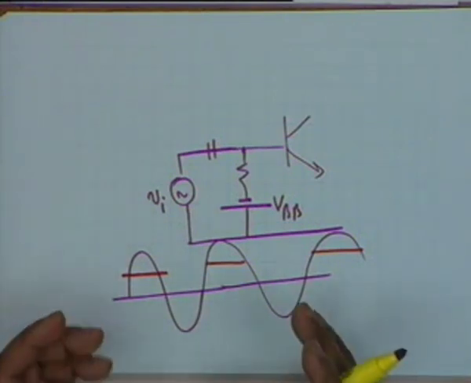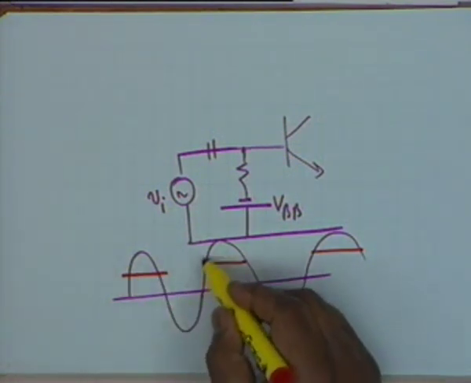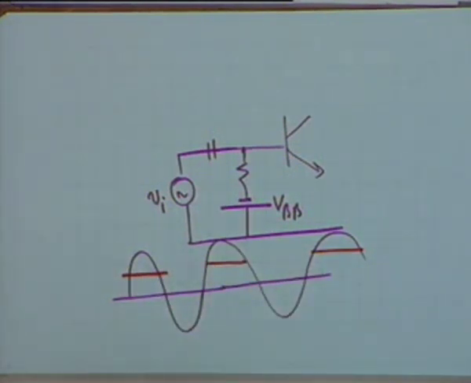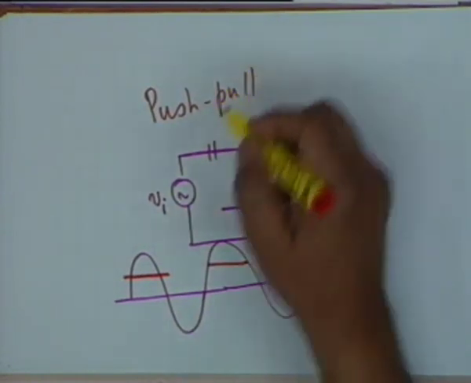Now you might ask, this is obviously a very highly distorted collector waveform, what is the use? The use is the following. In class B operation, only the positive half cycles allow the collector current to flow. Then what is done is 2 transistors are used in a configuration known as the push-pull configuration, push-pull.